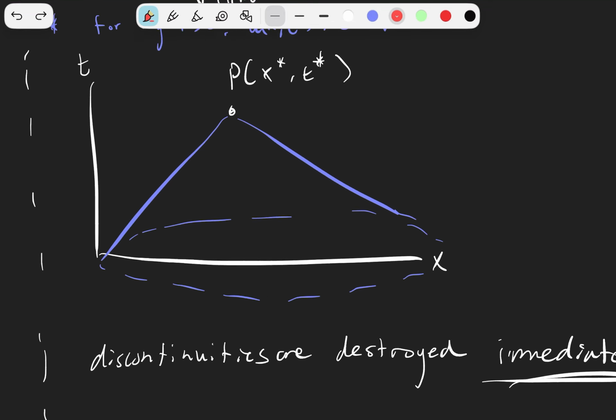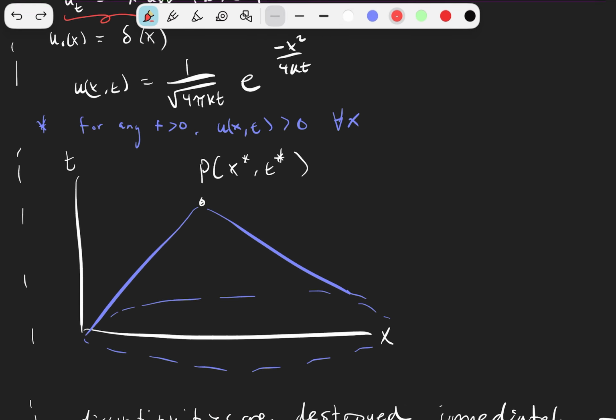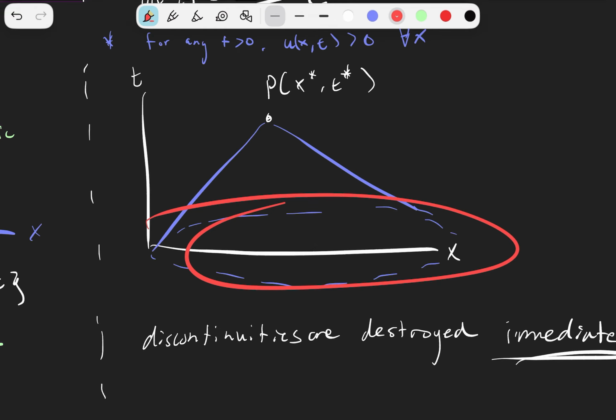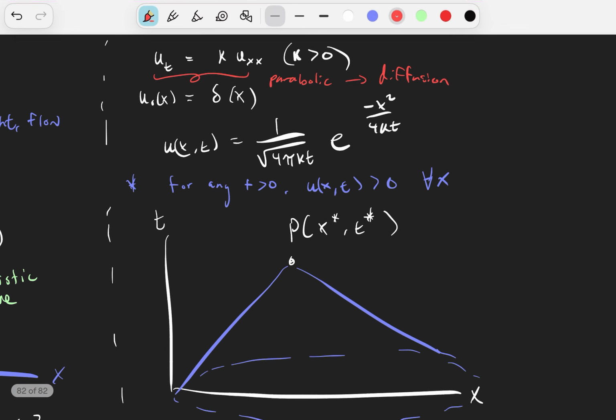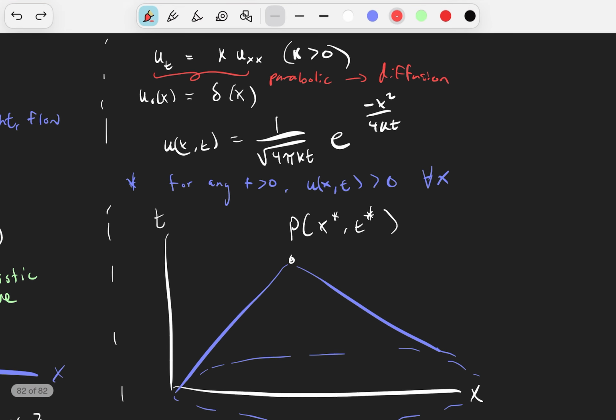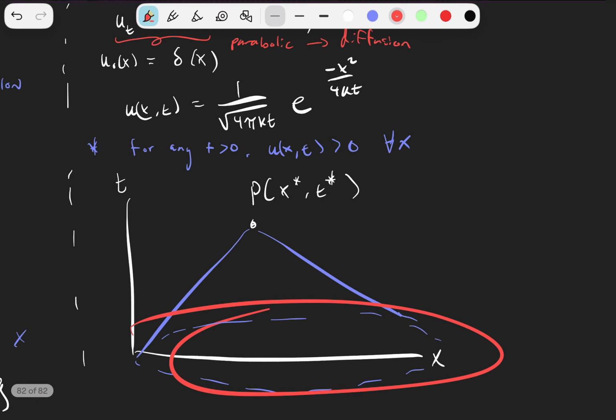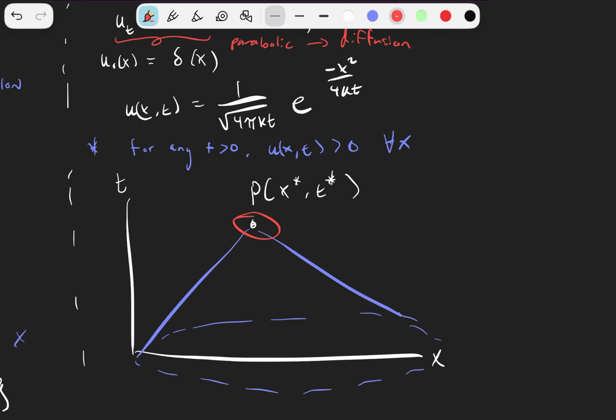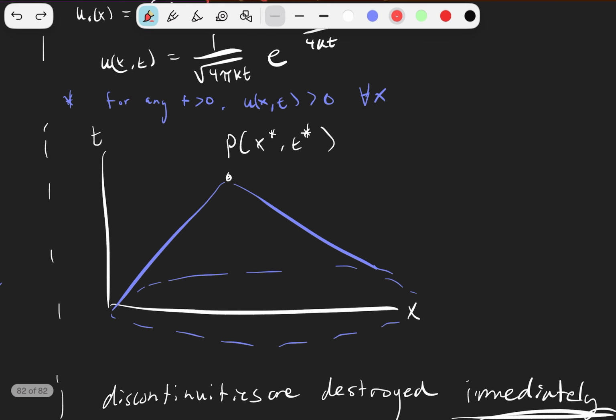Mathematically, this means that the domain of dependence is the entire spatial axis. That's what this equation is saying. And to calculate the temperature at point P perfectly, you theoretically need to know the temperature everywhere in the universe.